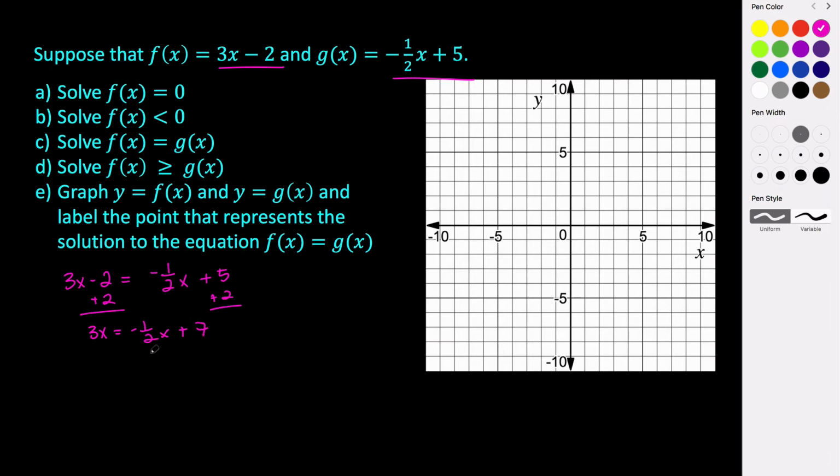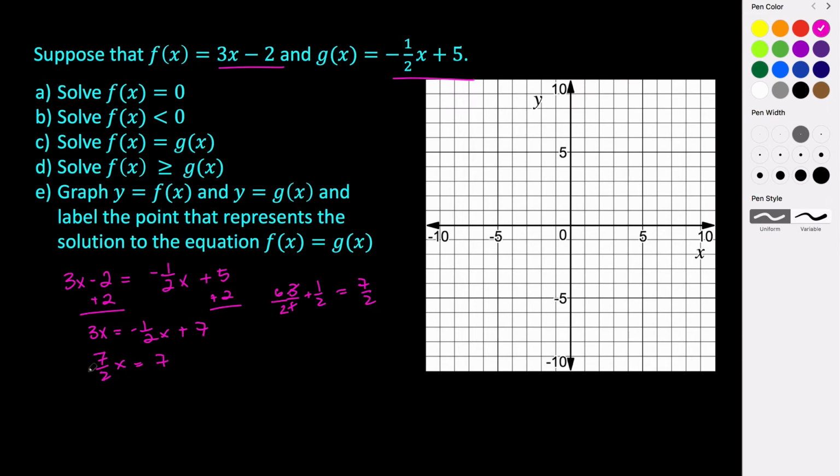Add 1 half. So 3 over 1 plus 1 half. Remember, 3 over 1, that's the same as 6 over 2. So 6 halves plus 1 half is 7 halves. So we get 7 halves x equals 7.